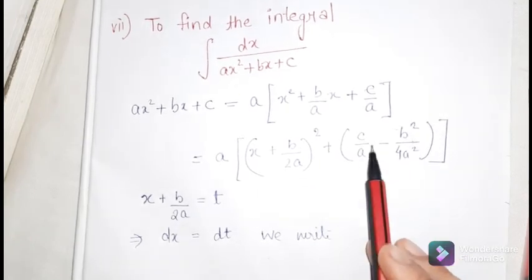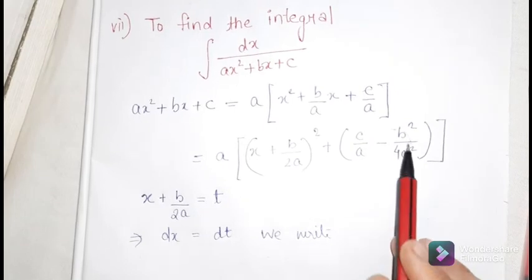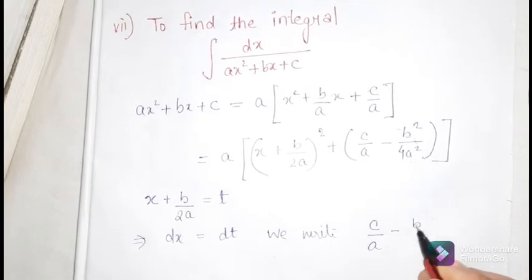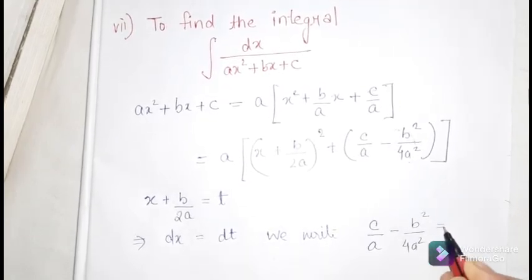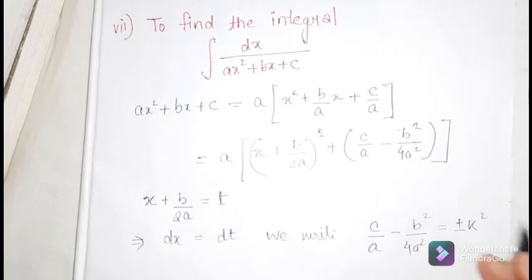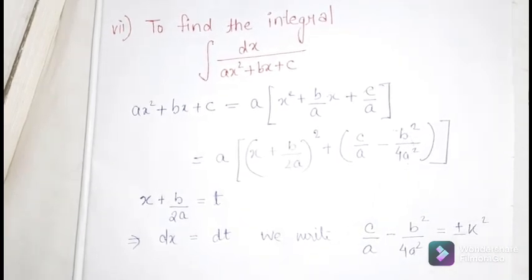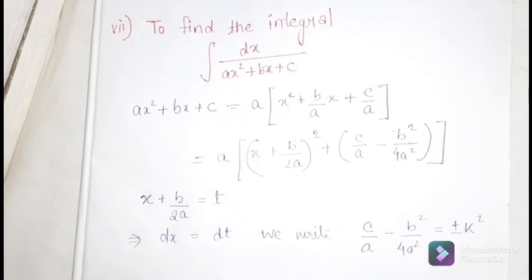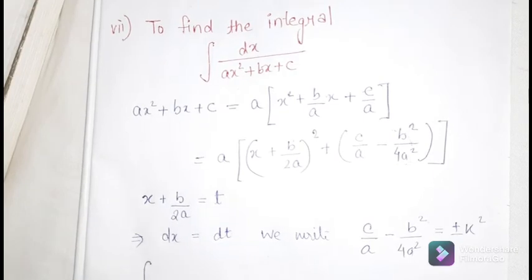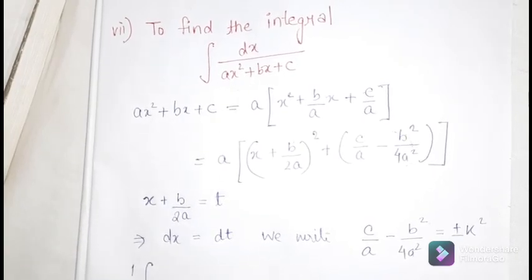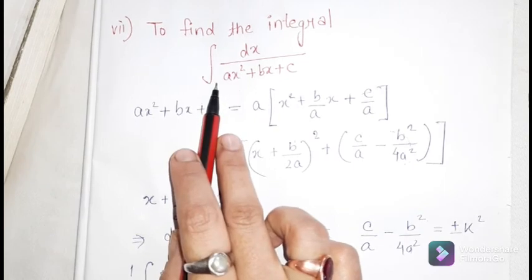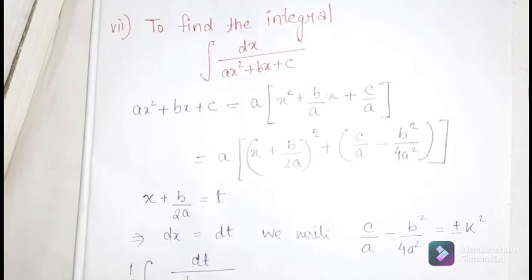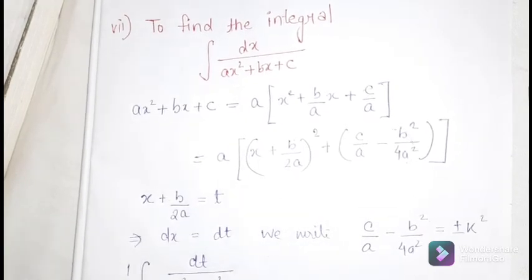Now this is a constant. You see, every term is a constant, c, a, b, a, all are constant. So you can take it as a particular constant, that is equal to plus minus k square. Then this integral is reduced to 1 by a, outside, because a we have taken out common, so 1 by a dt by t square plus minus k square.